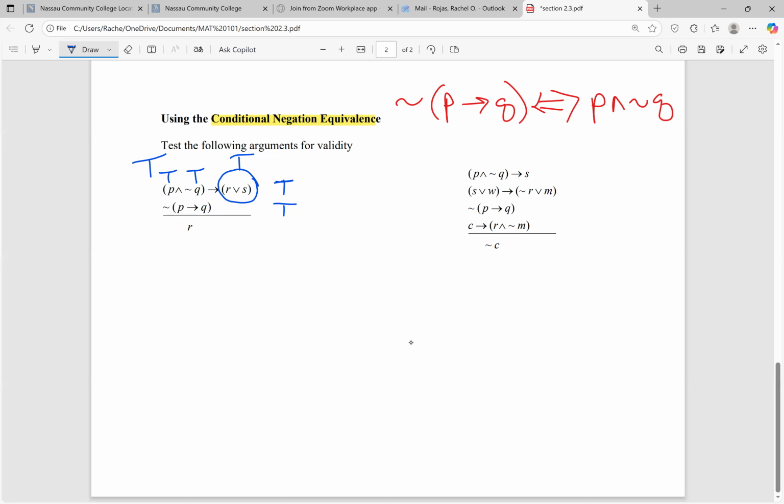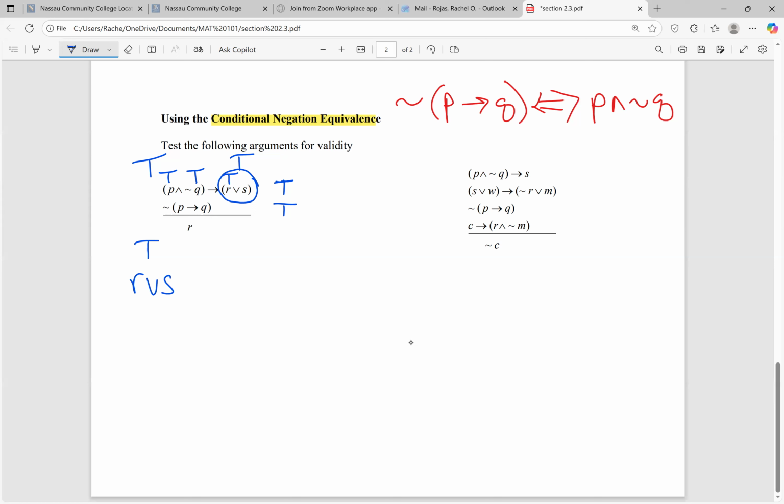Well, we kind of just said yes, that is possible, because R or S has to be true. Well, what if R was true? If R was true, the statement would be true. True or anything is true. And then that would make the conclusion true.